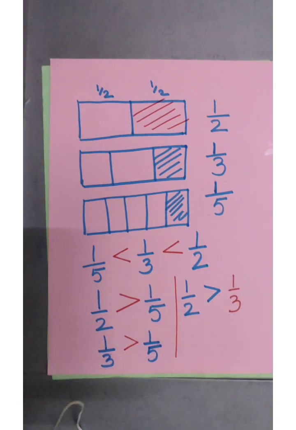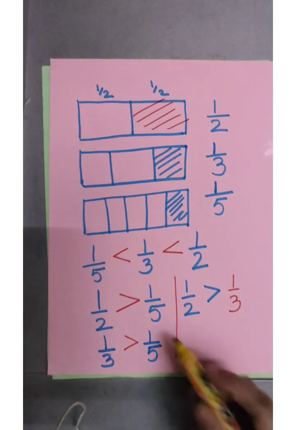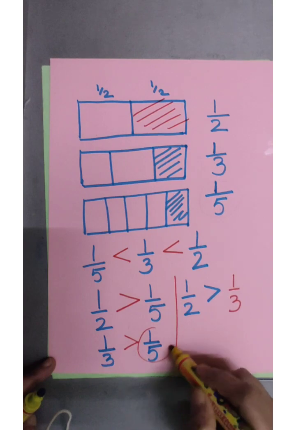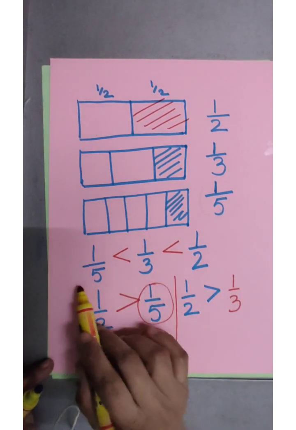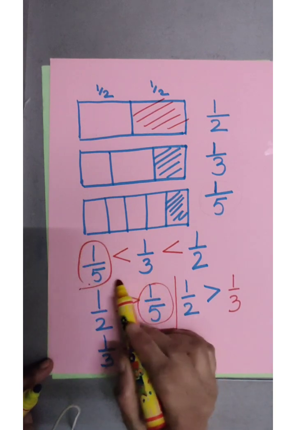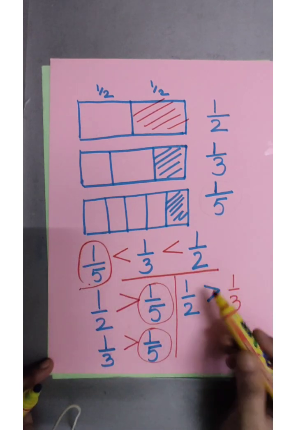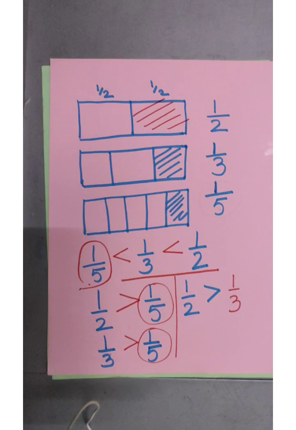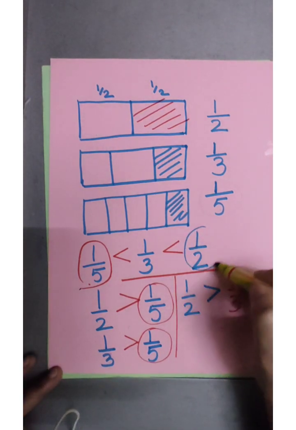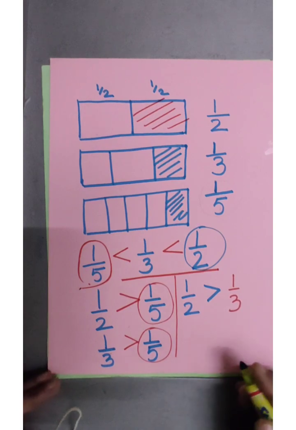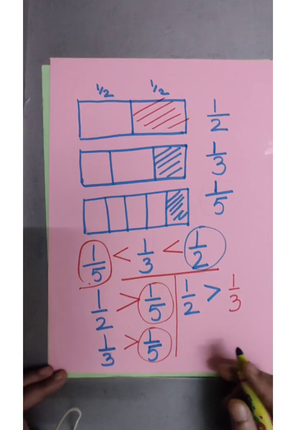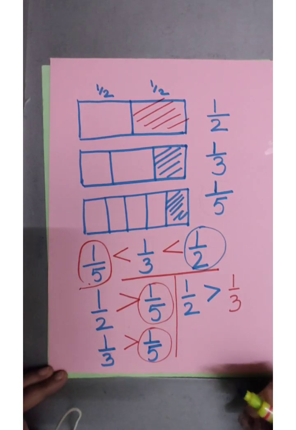That means 1 by 5 is the smallest fraction of all and 1 by 2 is the biggest fraction of all. So the more number of pieces, the fraction becomes smaller and smaller.